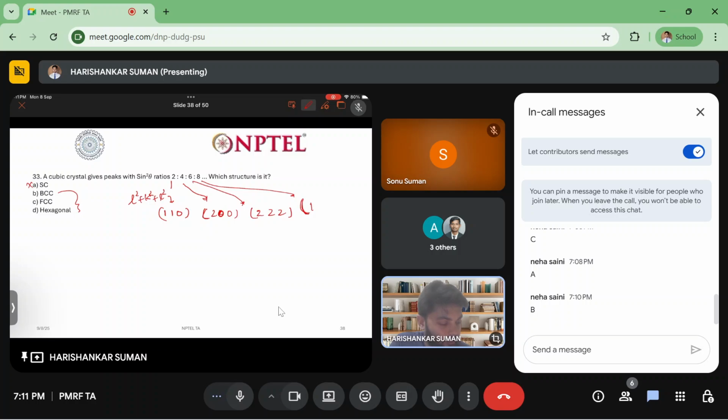What will be that? This is 112. This is 4. This is 6. Then, please tell me the plane which gives h square plus k square plus l square equal to 8.